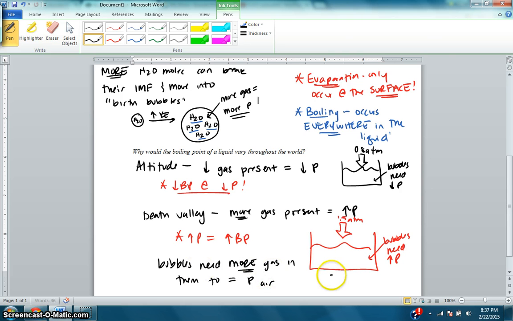So since I need more gas in my bubbles, I'm going to need even more heat than I do at sea level. I would need even faster moving particles in order to get enough gas into my bubble to boil. So this is why our boiling point is going to vary depending on where we're at in the world.